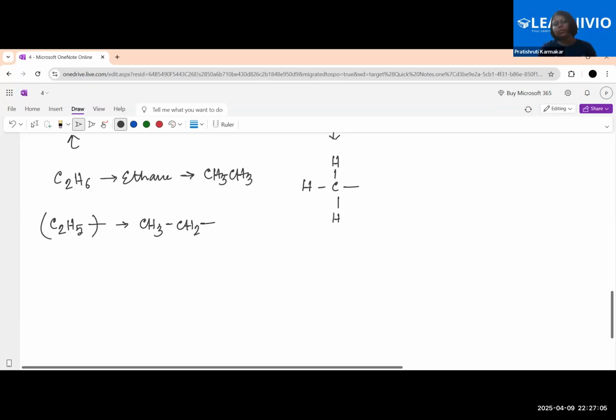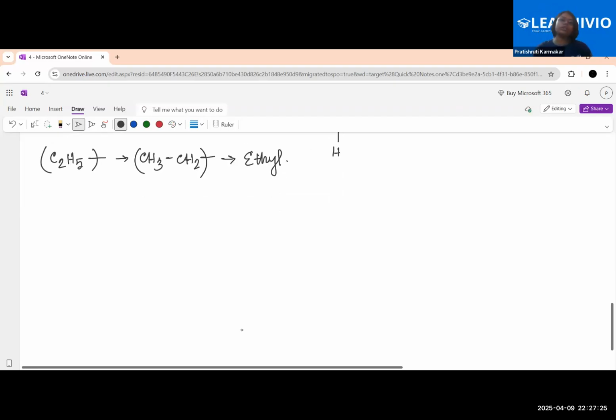It will be ethyl. Similarly, it can be propyl, butyl, right? Yes, ma'am. So, if we now draw this, I will ask you about this compound.